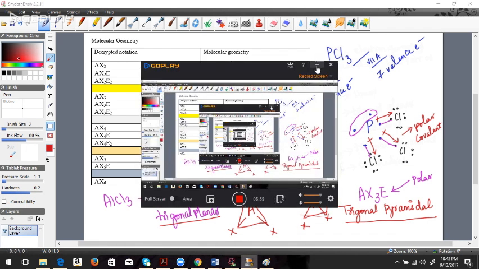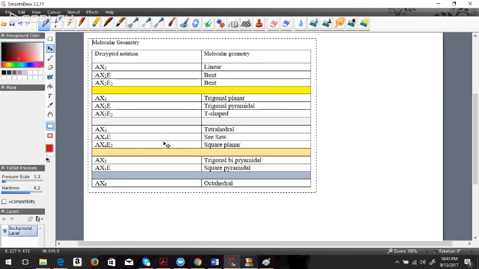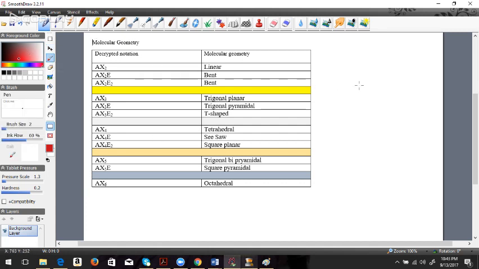I'm doing fine with time, so we're good. So let's get another molecule. Again, it may not be feasible for me to do every single example under the sky to help you, but I will do my best to get as much of it done as I can. So water, H2O. Oxygen is in 6A, so it's 6 valence electrons, and hydrogen is in group 1A, so it's got 1 valence electron.